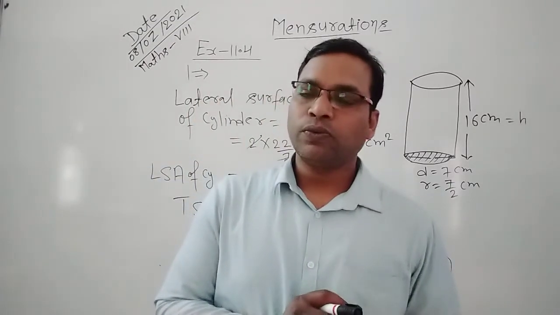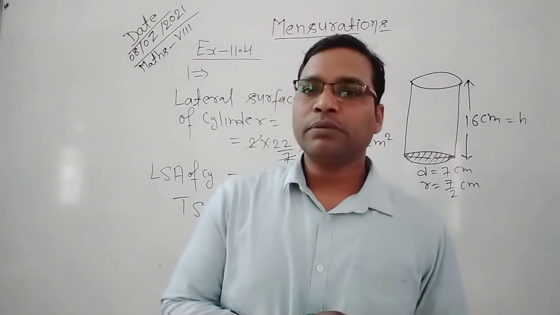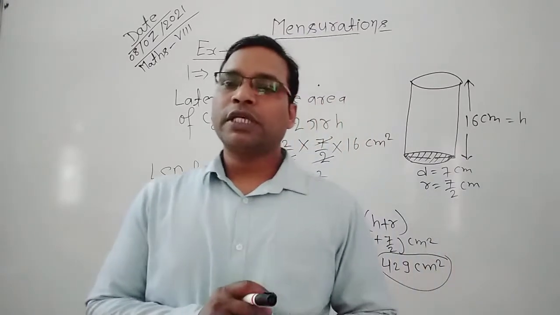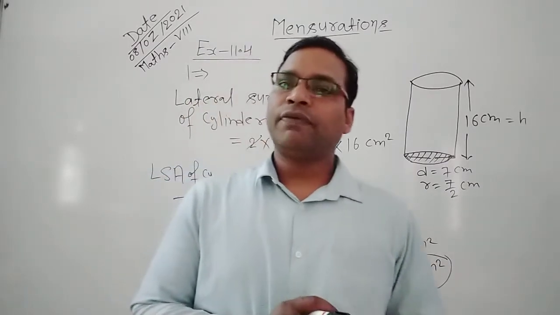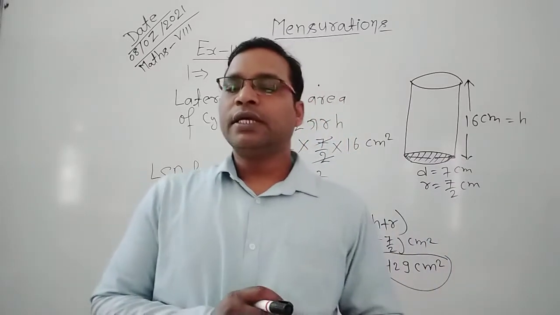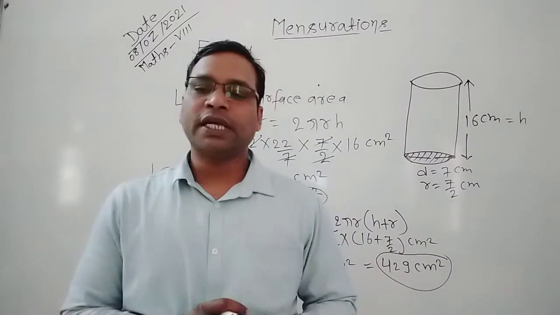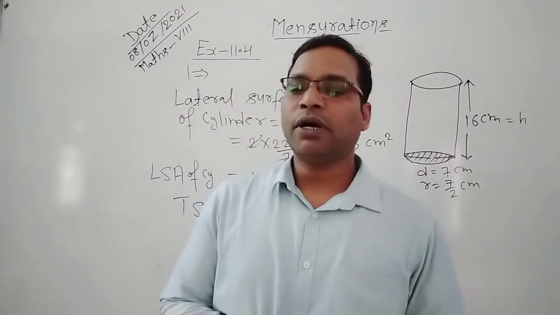Question number 2 of this exercise 11.4. The total surface area of a cylinder is 6512 centimeter square, and the circumference of its base is 88 centimeter. Find the volume of the cylinder.